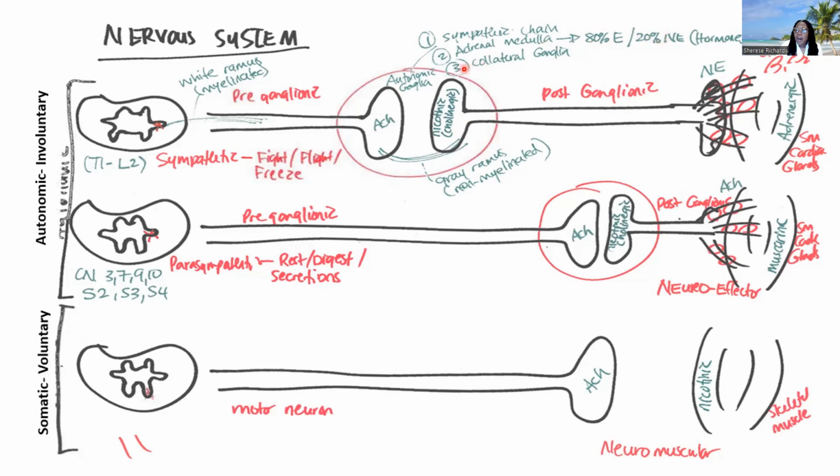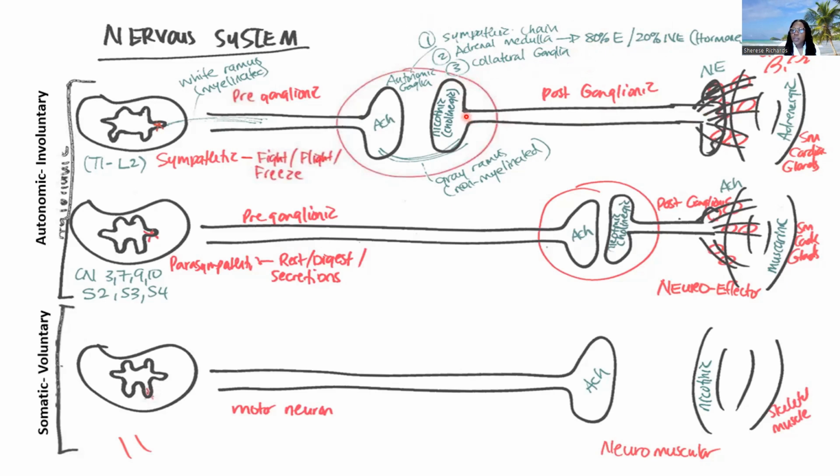And then the third option for communication was synapsing onto a ganglia that was not a part of the sympathetic chain, a so-called collateral ganglia, okay? So these are the 3 options as far as where a preganglionic neuron can synapse at a ganglia and become a postganglionic neuron.